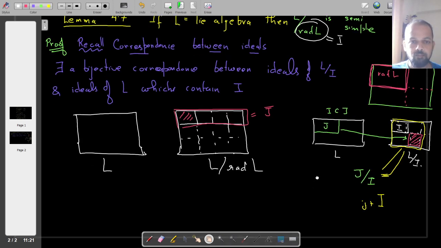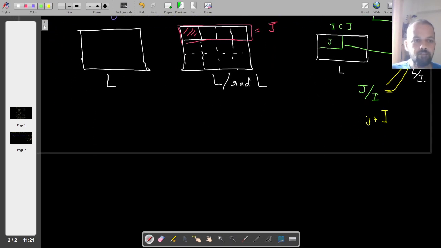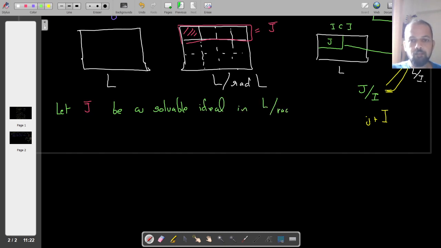So let me do that. Let J bar be a solvable ideal in L by radical L. Then by this particular correspondence between ideals, there exists an ideal J of L, with radical L contained inside J, very important.